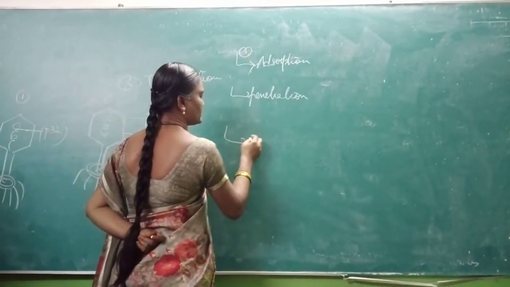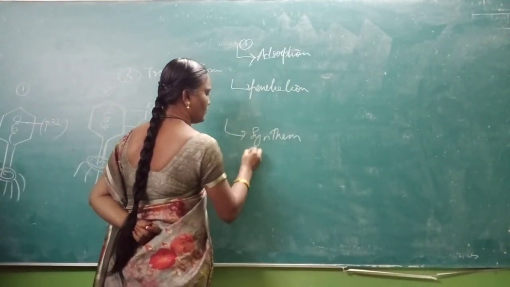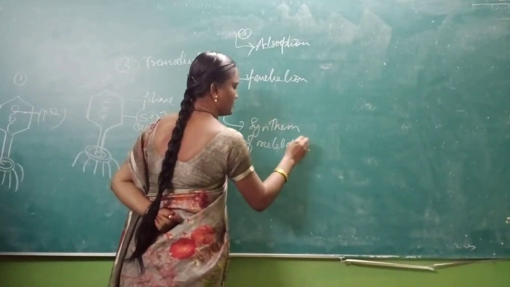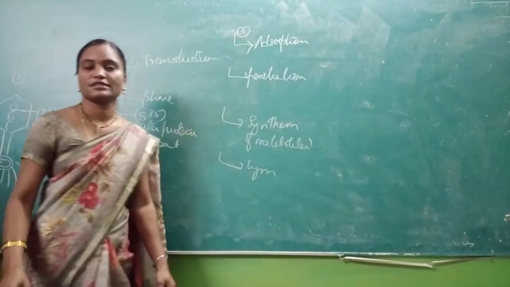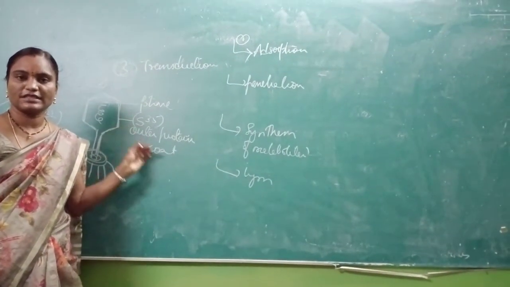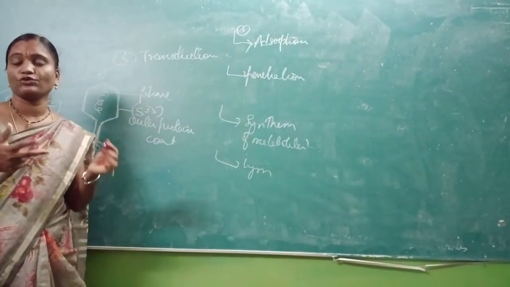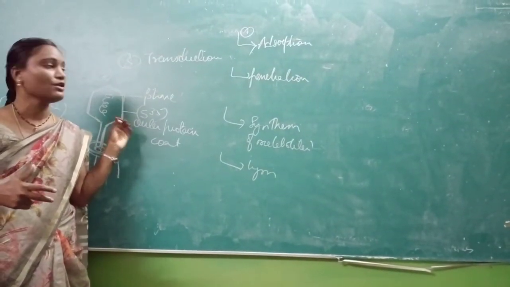Next is synthesis of metabolites. Next is lysis. These are the 4 steps to study, to get an experimental proof that only your DNA acts as a genetic information carrier but not your protein molecule.